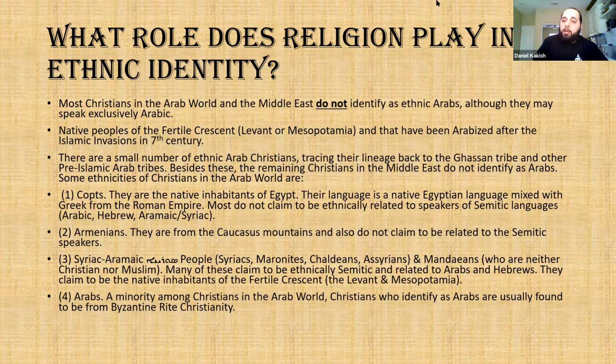So I claim both in my personal identification. But no, it's not wrong to be more than one. Of course not. Okay, any other questions before I keep moving? No. All right.